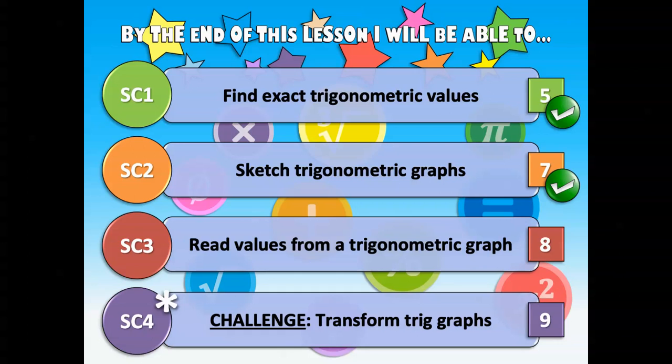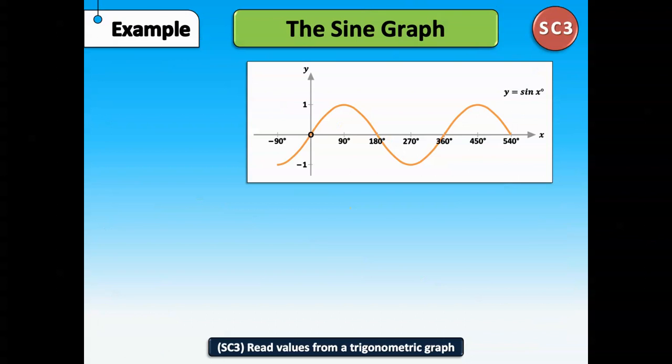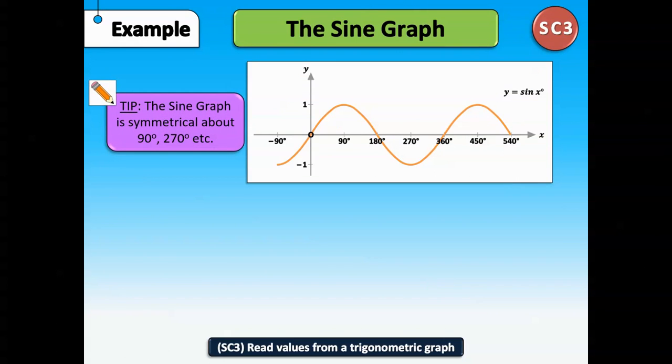So now we're going to move on to number 3, and this is to read values from a trigonometric graph. So the sine graph is symmetrical about 90 degrees and 270 degrees.